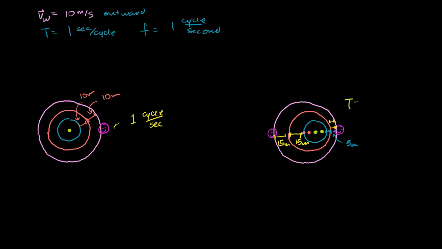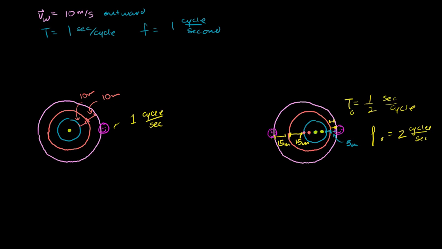You could say your period in this situation is 1/2 of a second per cycle, or you could invert it, and you could say that the observed frequency is going to be 2 cycles per second. And already notice, this guy's experiencing a higher frequency than this guy over here because these wave fronts, or these crests, are just passing by him more frequently. Because this guy is moving in the same direction as this guy, they are closer together.